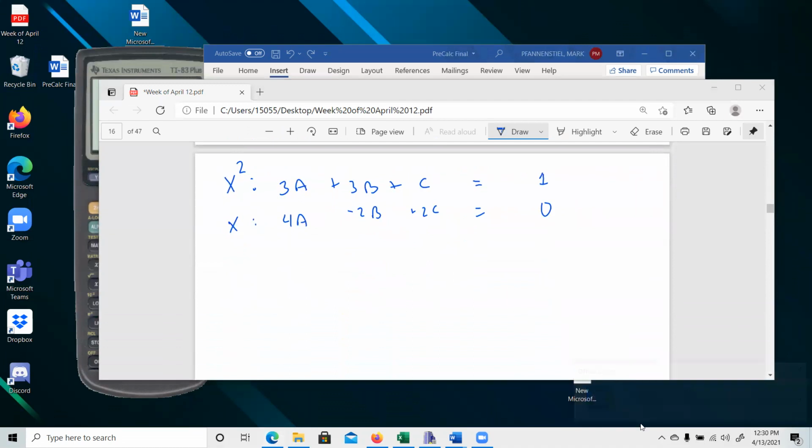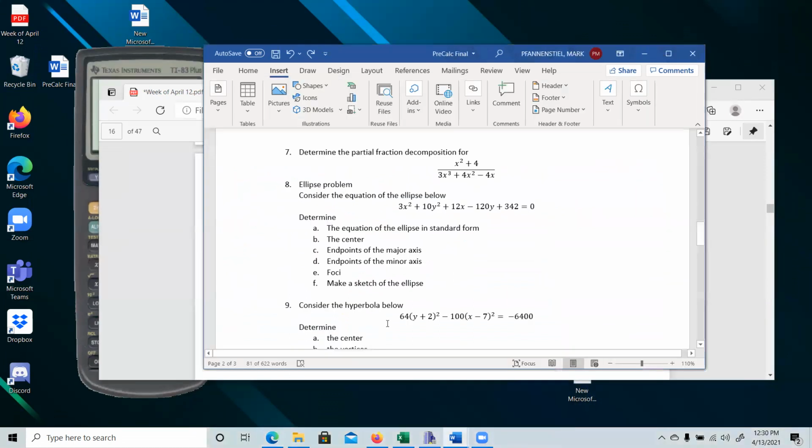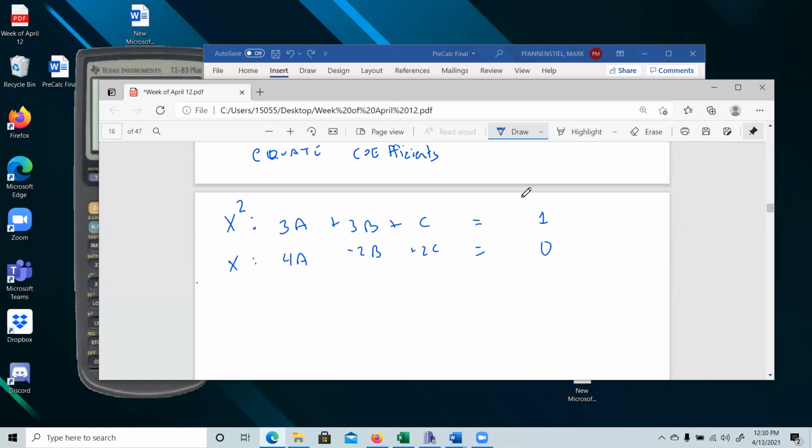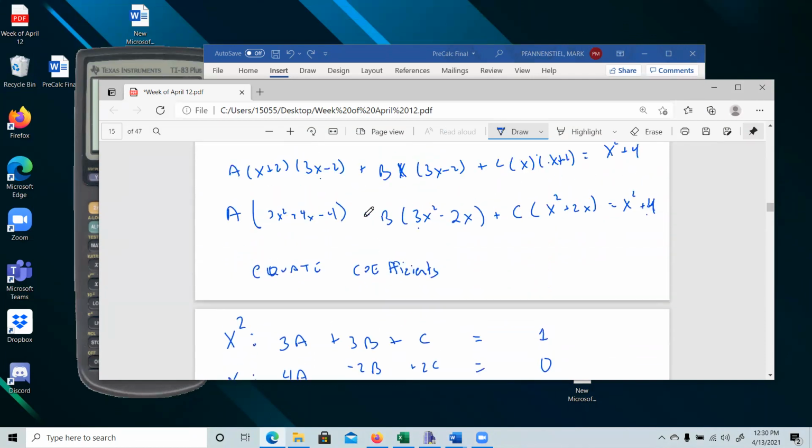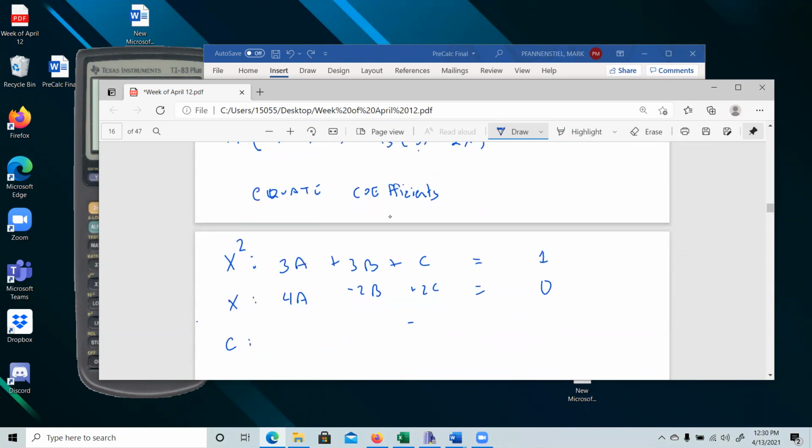Yeah, no x terms over there, so there's 0 of them. Okay, and here's my constant. Okay, and this one's kind of nice because we have negative 4A's. Oops, I'll put it over here, negative 4A.